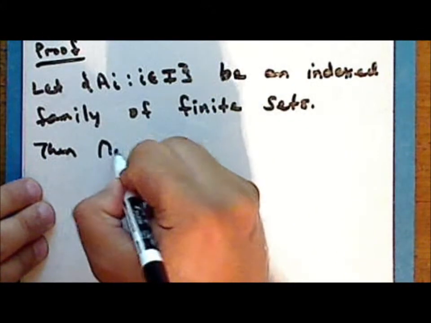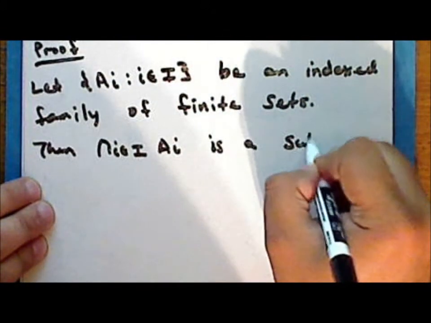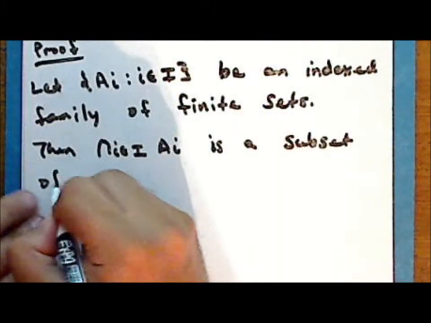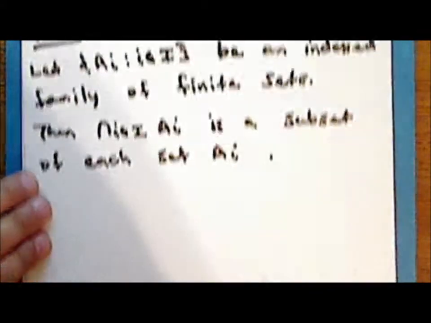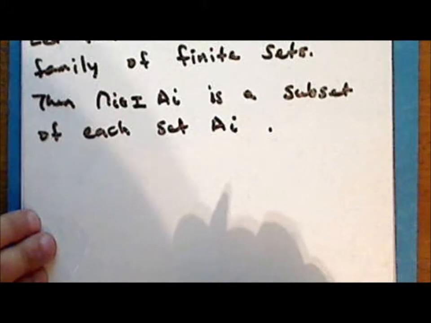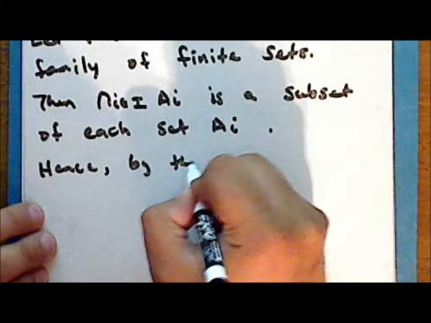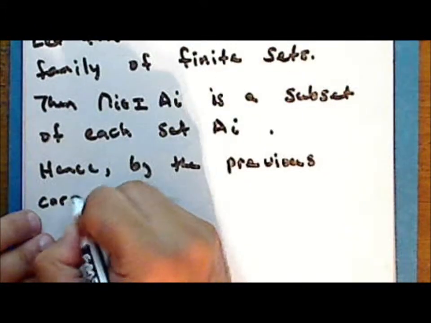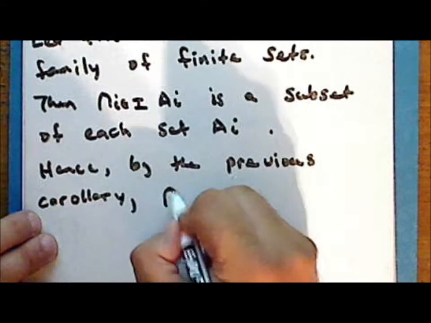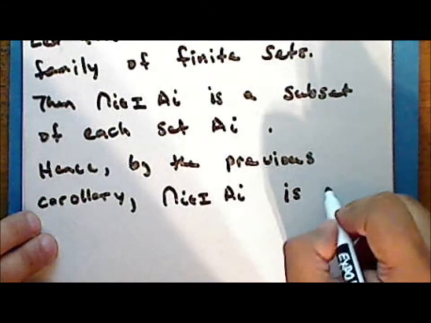Then the arbitrary intersection of these sets is a subset of each set A sub I in the family, where each set is finite. So the arbitrary intersection is a subset of a finite set, and hence, by the previous corollary, finite.